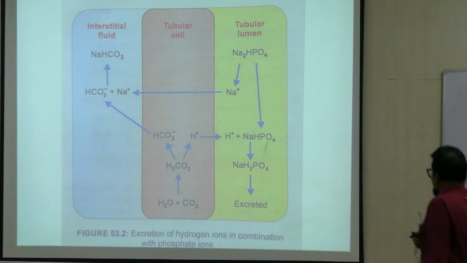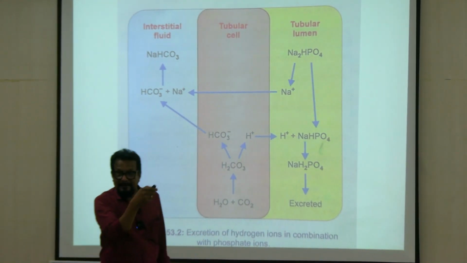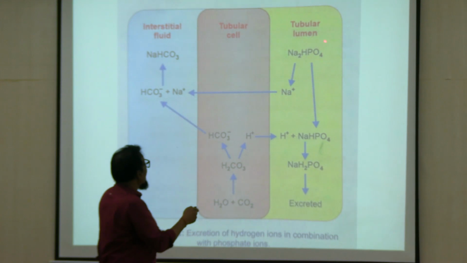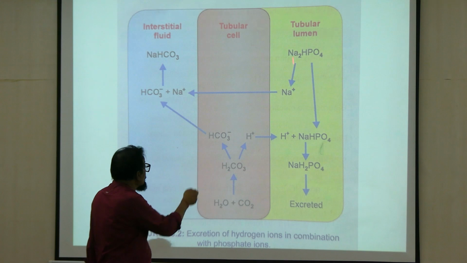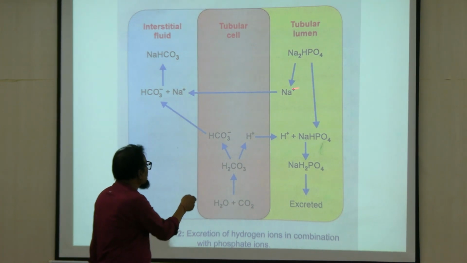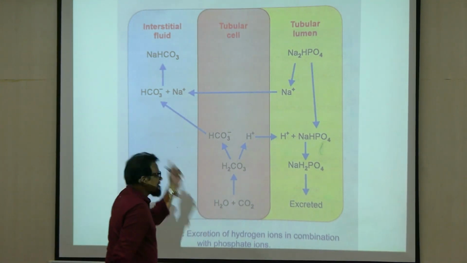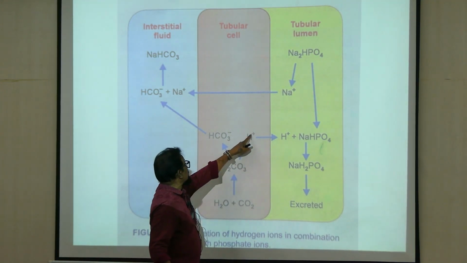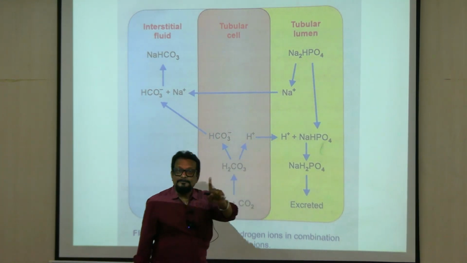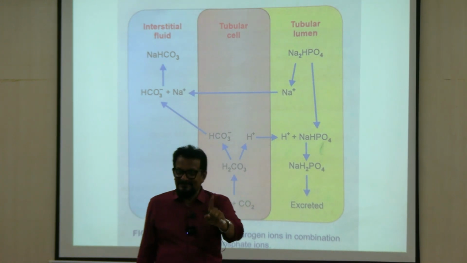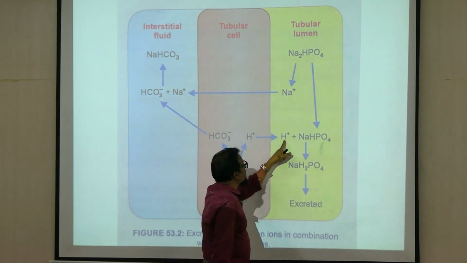See, through the glomerular membrane, phosphate is filtered in the form of disodium hydrogen phosphate. So in the lumen, it is dissociated into sodium and sodium hydrogen phosphate. And in a similar way, hydrogen ion and bicarbonate will come out, and this is what? Proton pump. So with the help of this proton pump, this will come out.